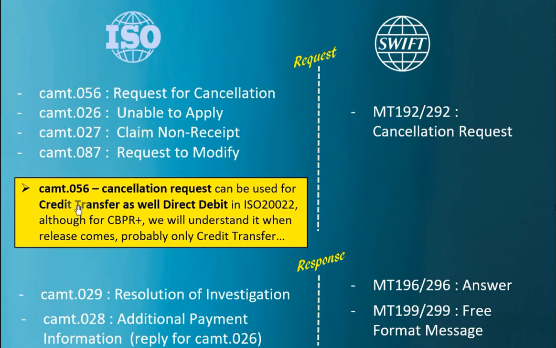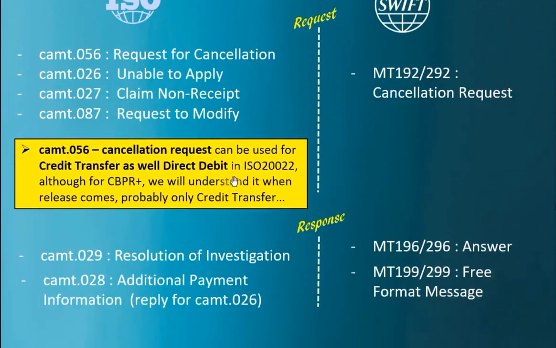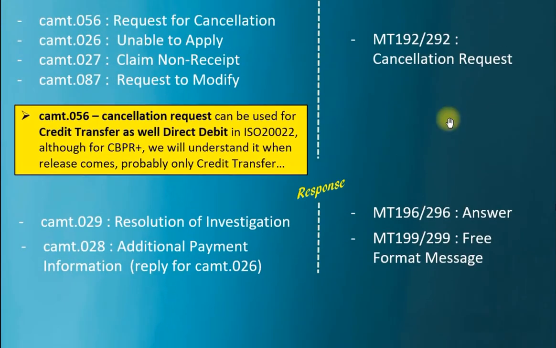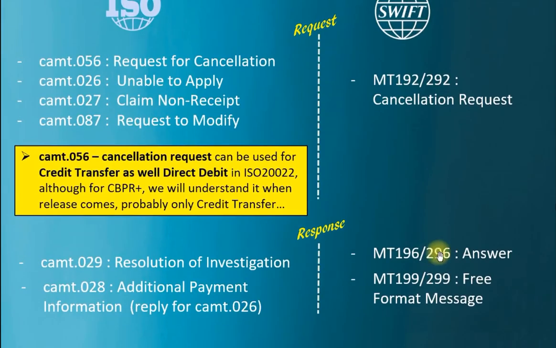CAM 56 is in general applicable for credit transfer as well as direct debit. But we will see in the CBPR Plus how it is taken care of and for which product it will be used. Now about the responses in the MT world, the answer was given using 196 or 296 depending upon how it has been requested, and maybe free format as well. So there was no one fixed reply format.